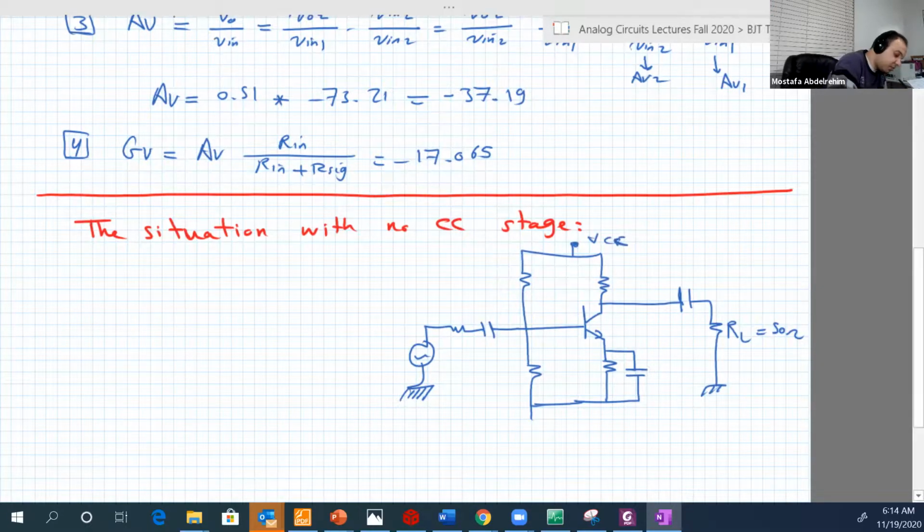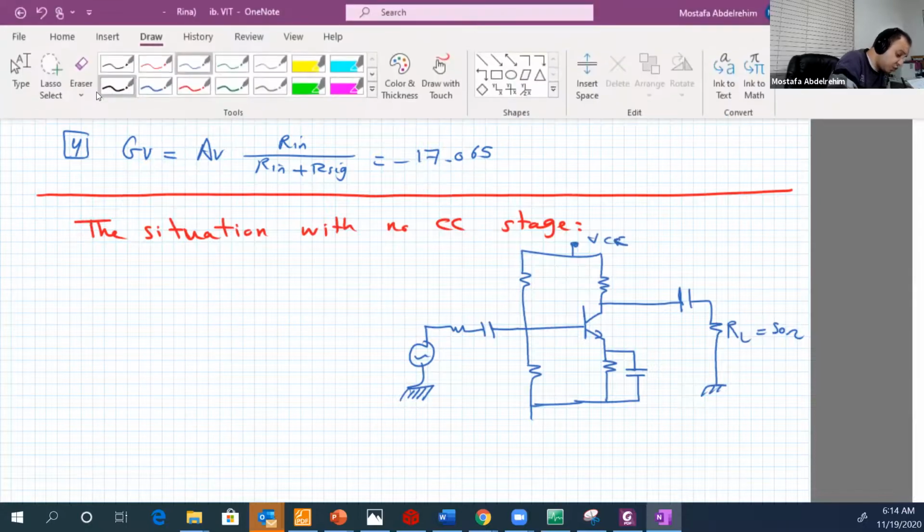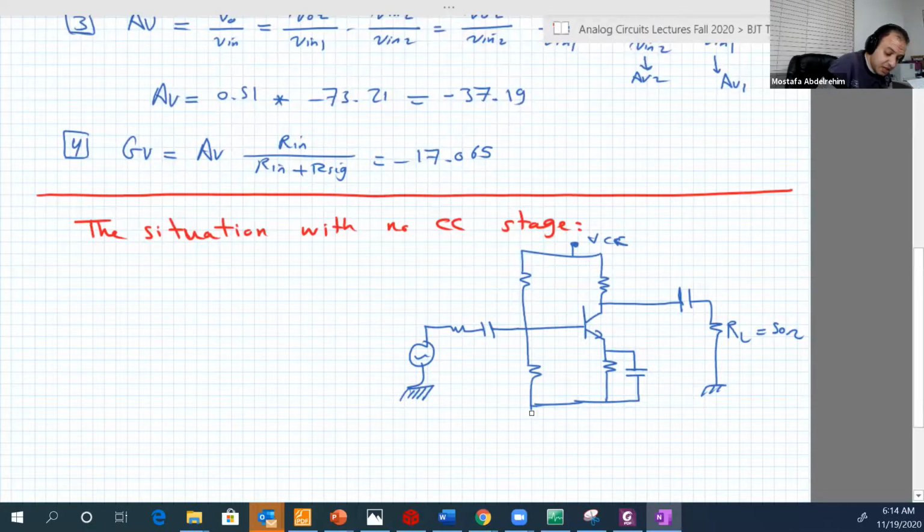Okay. The DC of the first stage will not change, so we have the same R pi, same IB, same IC. But let's now check what will be the gain. So this will be a very straightforward AC small signal model.